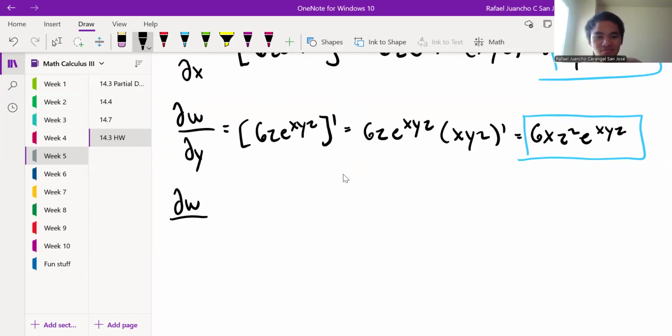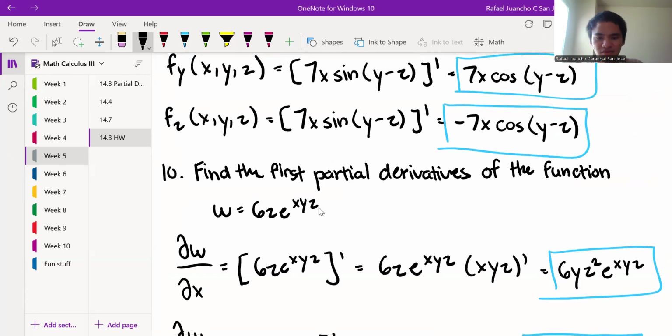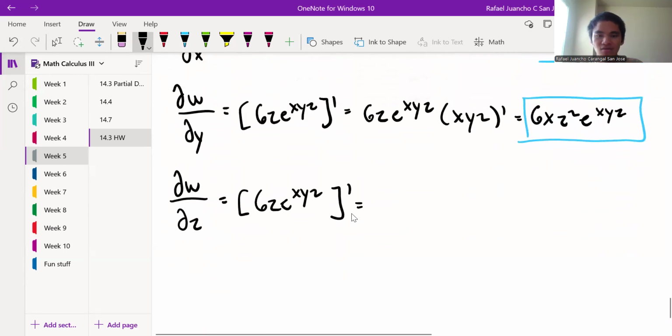Okay. And lastly, we take it with respect to z. So again, we take the derivative of my function. And then here we see that x and y are numbers, right?